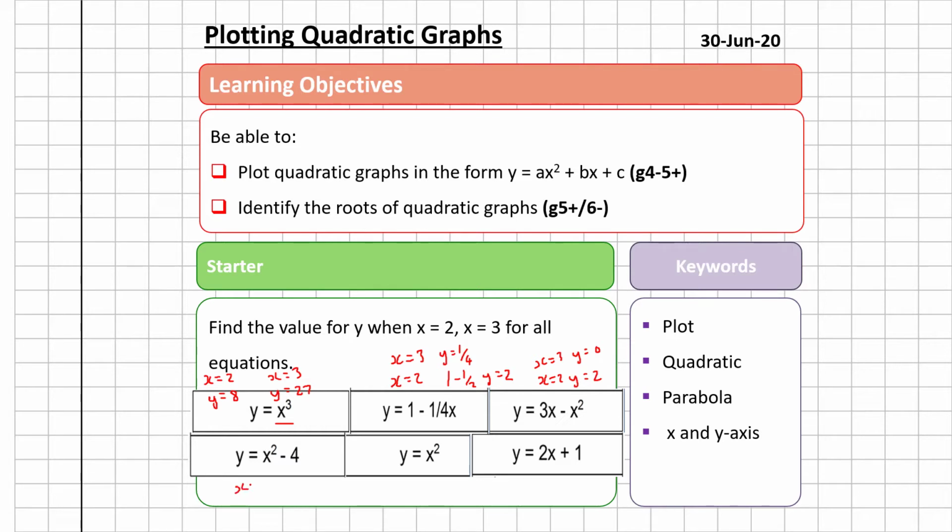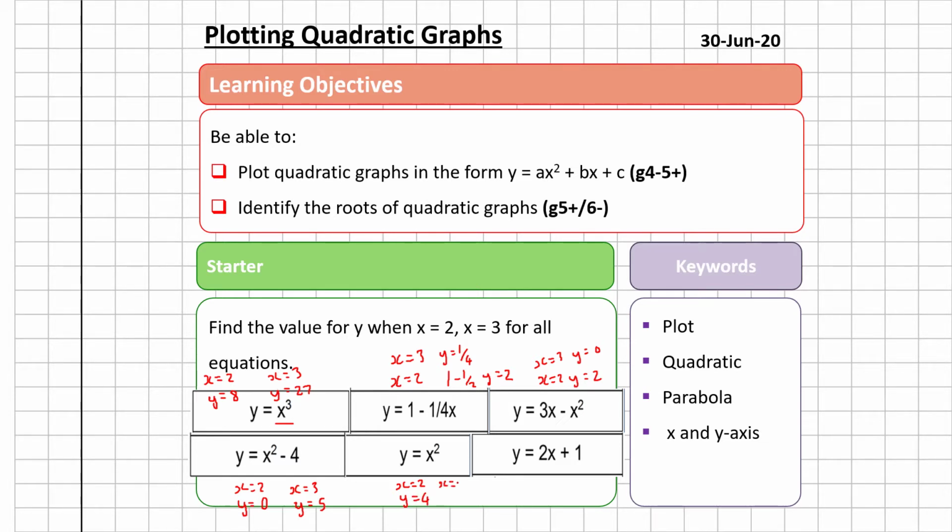So when x equals 2 on this one, you're going to get 4 minus 4, y is going to be 0. And when x equals 3 here, y is going to be 9 minus 4, which is 5. And this is easy enough because you can square numbers easily. So x equals 2, y is going to be 4.